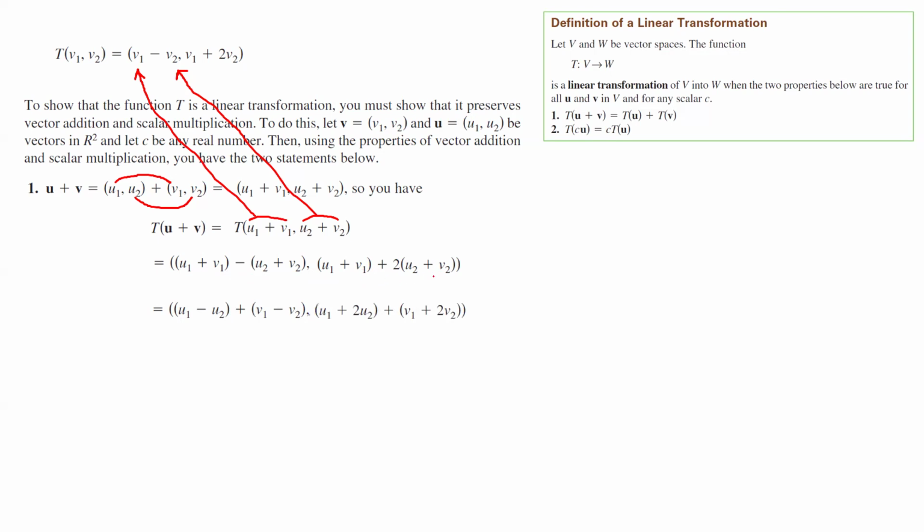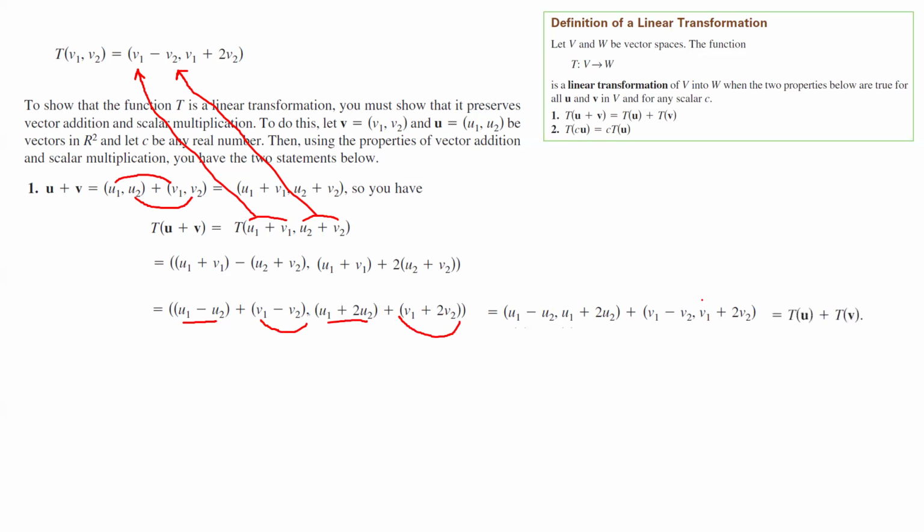Well, what is this? This is equal to (U1 minus U2, U1 plus 2U2). I'm just taking the first component and the second component and creating the first vector, plus (V1 minus V2, V1 plus 2V2). So basically I'm adding these two together, but what are these?